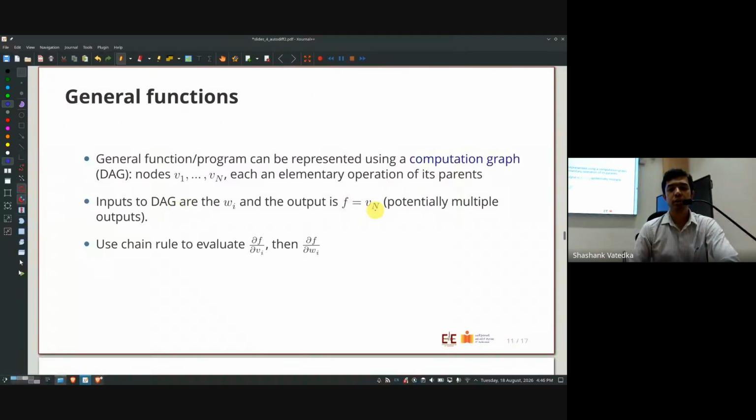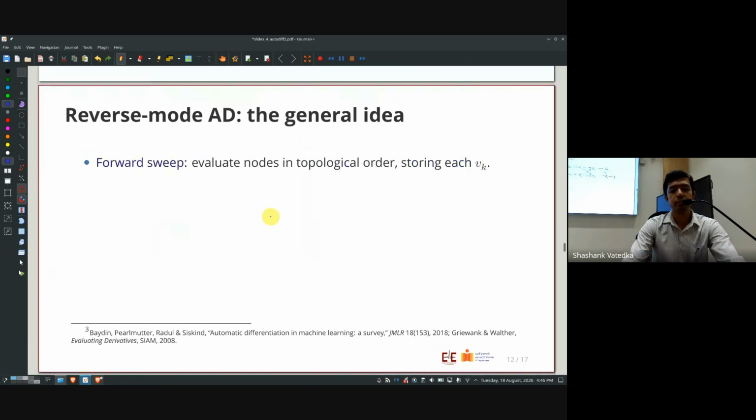And the output, so basically the child, is going to be the function that you want to evaluate. There could be multiple outputs also. So you may want to find the partial derivative of each output with respect to each input. And then you just use the chain rule in this particular manner, right?